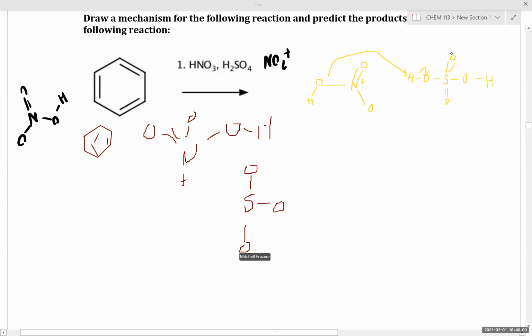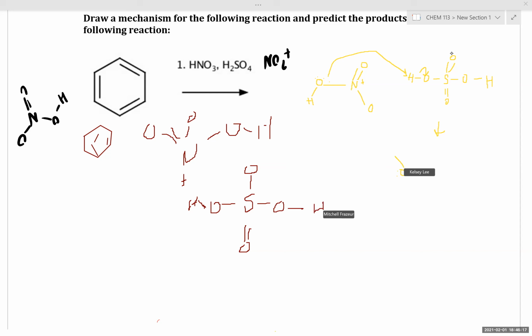If you share files in the chat, it'd be best if they're a PDF or a JPEG, since when you send it via Zoom, some files don't open properly. But I'd be happy to provide feedback on any files submitted. So looking at the proposed mechanism, we have a student drawing out that you protonate nitric acid with sulfuric acid.